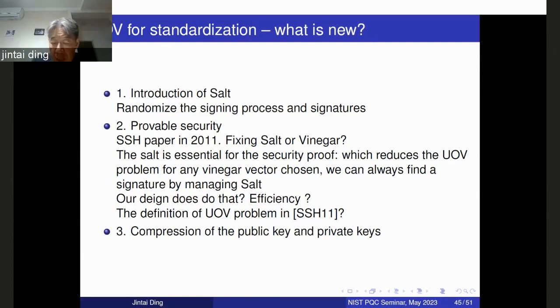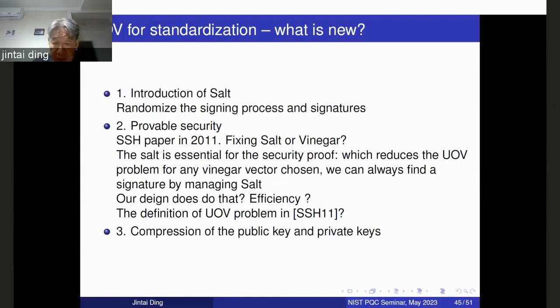So what does salt do? Instead of hashing just the document, we hash the salt plus the document. The salt is added, in my opinion, essentially for the security proof. What the salt really helps us do is this: suppose during the signing process we fix the vinegar variables first.